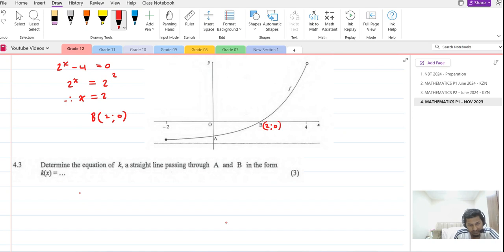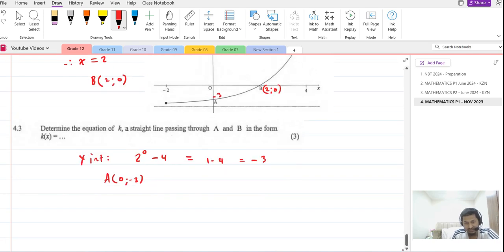So we want the y-intercept: 2 to the power 0 minus 4, because we need to make x 0. So that's 1 minus 4, which is equal to -3. So A is (0, -3).